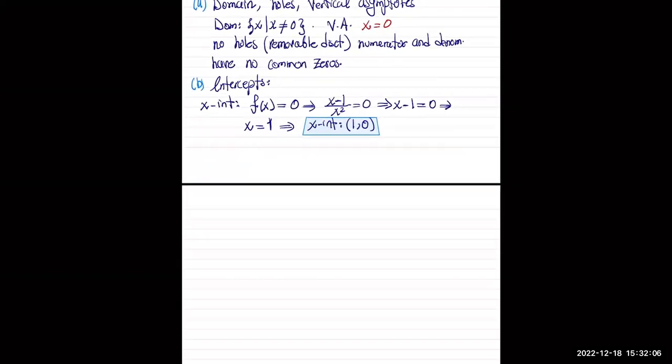Y-intercept is always f at 0. Every function, if it has a y-intercept, there would just be 1. There could be multiple x-intercepts, but a function can't have more than one y-intercept, because if it has more than one y-intercept, then it wouldn't be a function.